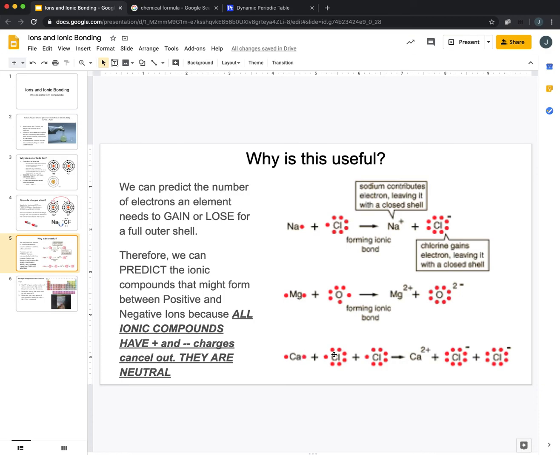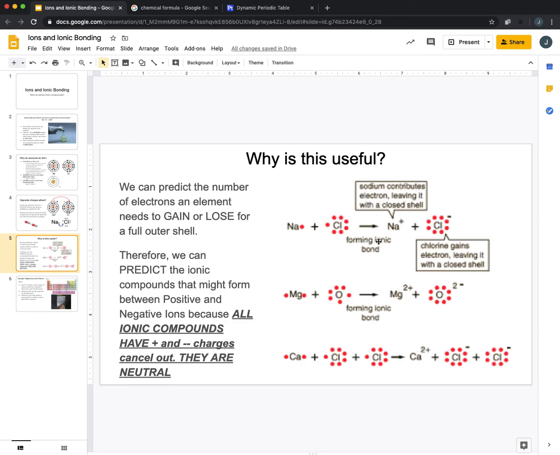Chlorine, on the other hand, is going to gain. So 1 electron is going to go to this chlorine, and the other electron is going to go to this chlorine as well. And by doing that, we're going to cancel this out. So its chemical formula would be CaCl2.